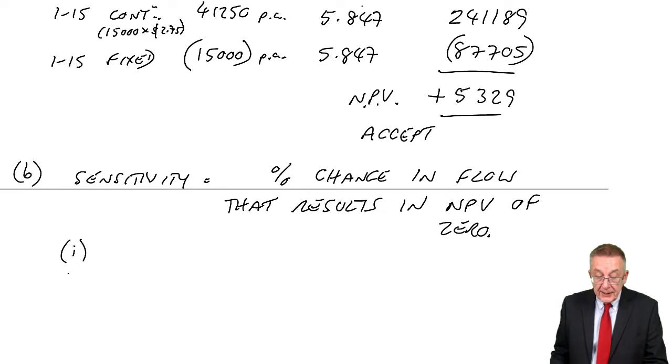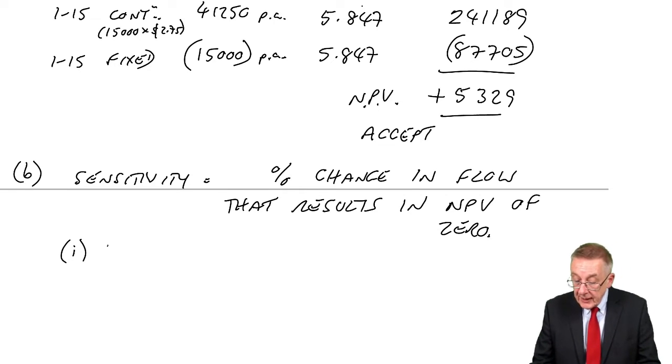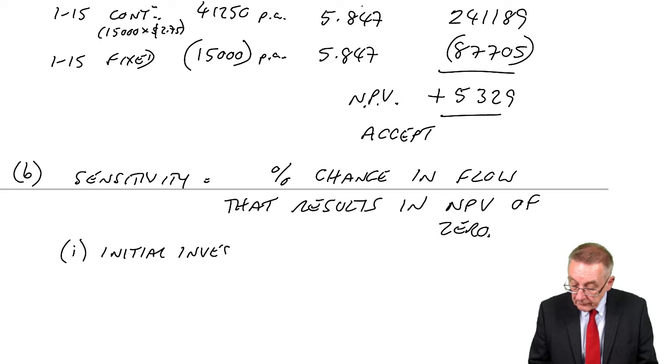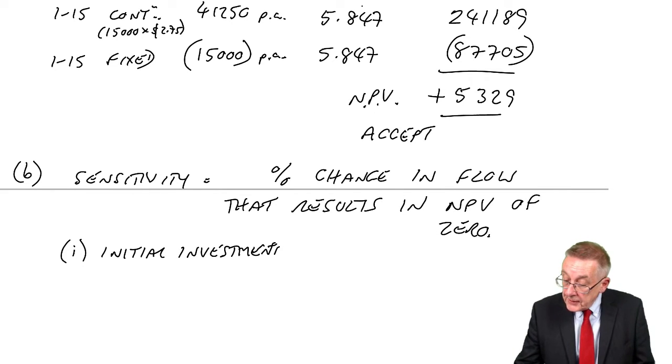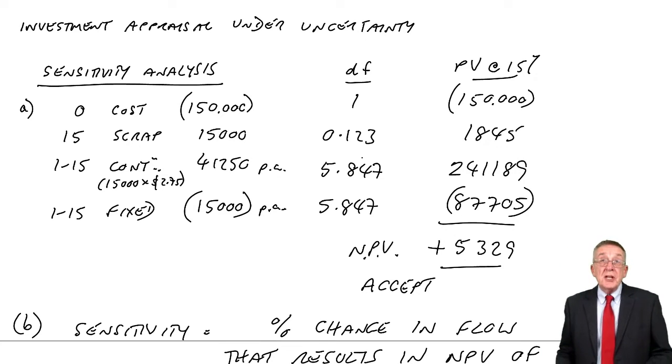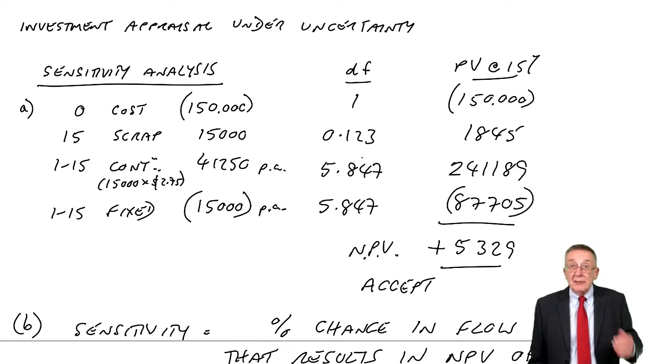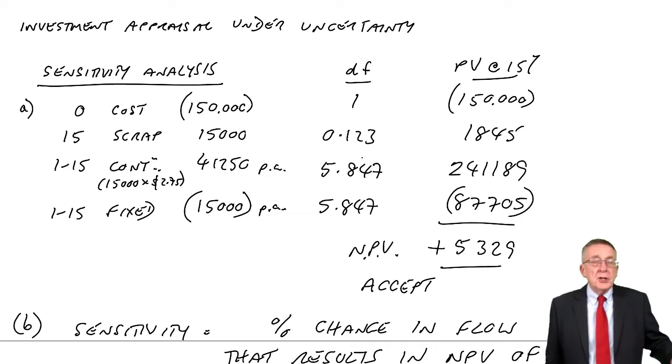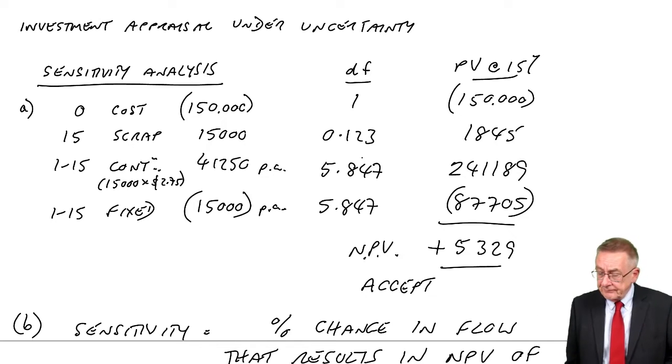Part 1 says it wants the sensitivity of the initial investment. Now the initial investment is 150,000. Of course, that's the most likely thing to be actually certain of. But suppose we're not quite sure because we haven't bought the machine yet.